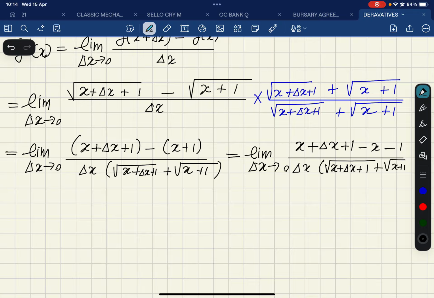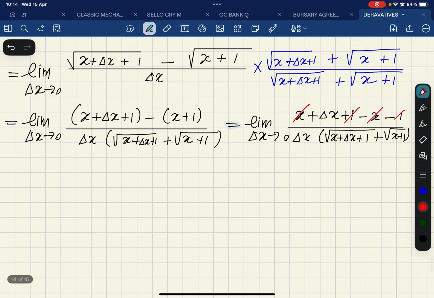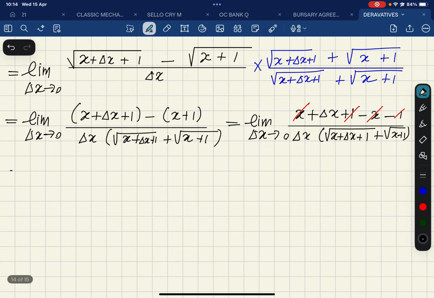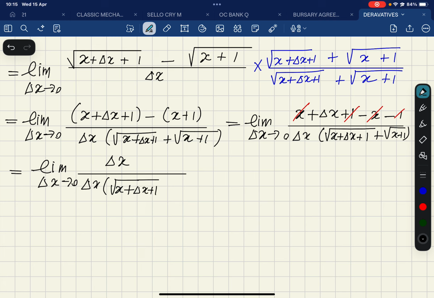Then if you check, those x's cancel and the 1s cancel, so we remain with the change in x in the numerator. So we remain with the limit as change in x approaches 0 of change in x, all divided by change in x times the square root of x plus change in x plus 1 plus the square root of x plus 1.